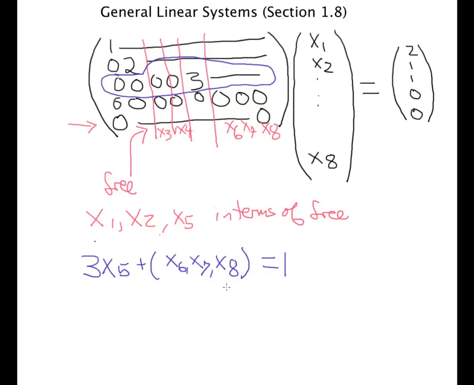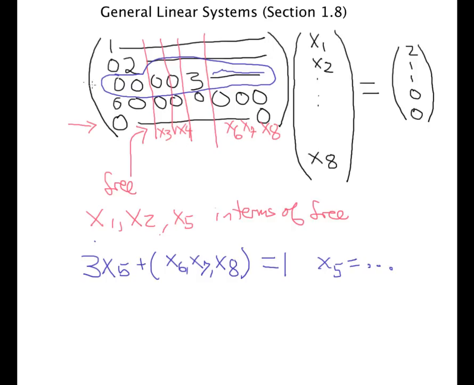And by this I just mean some combination, some sum of these terms with some coefficients coming from here. And you can solve this for x5 in terms of the free variables x6, x7, and x8.